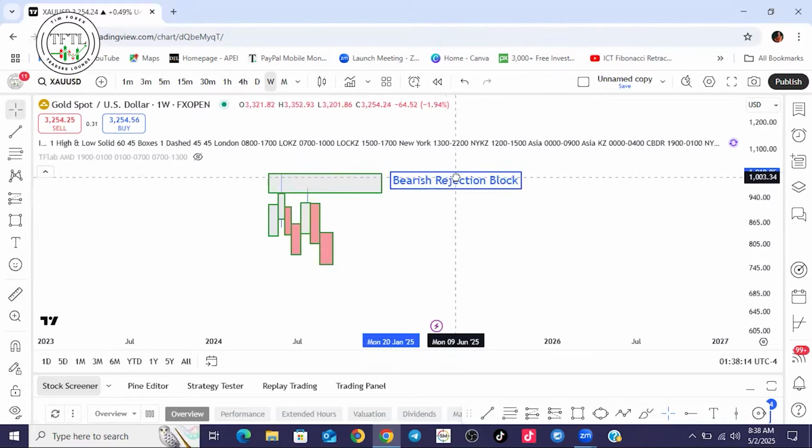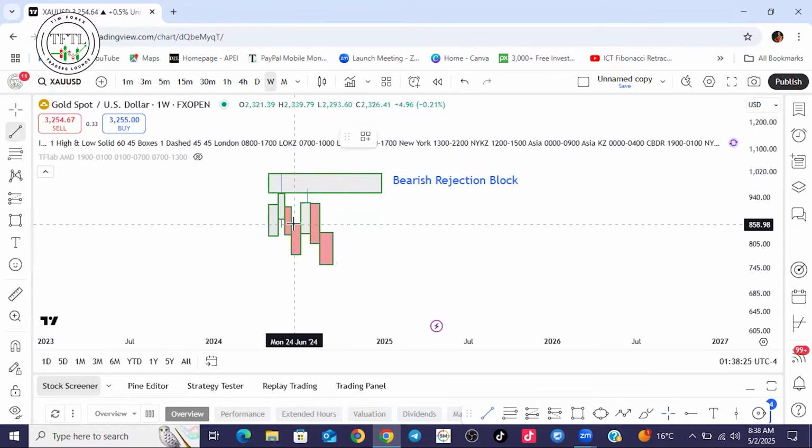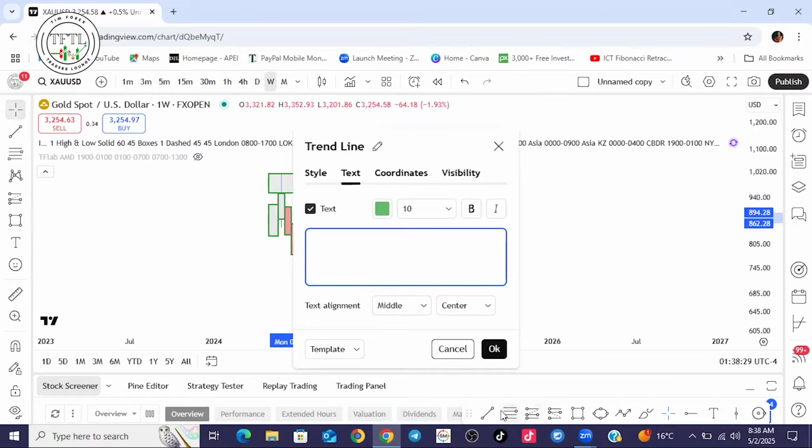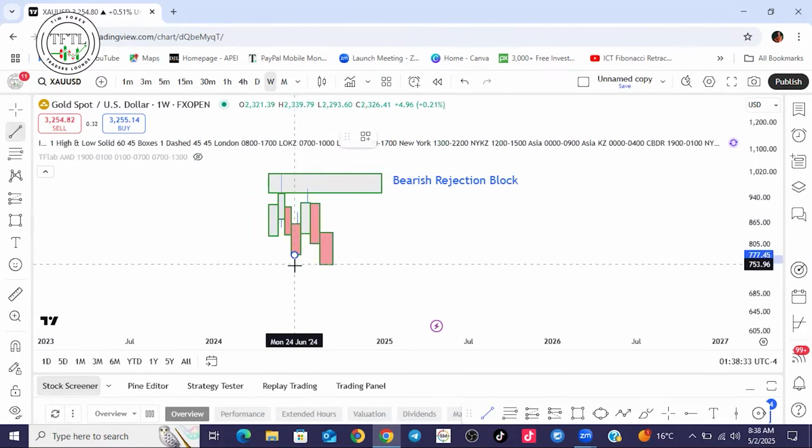As you can see, when the price was pushing up to this level, it took out the liquidity of this previous candle. This was the previous bearish candle, so it took out the liquidity therein.